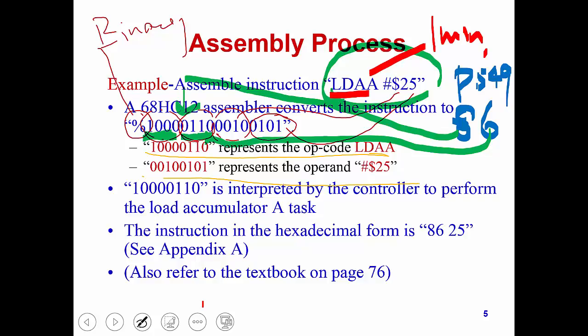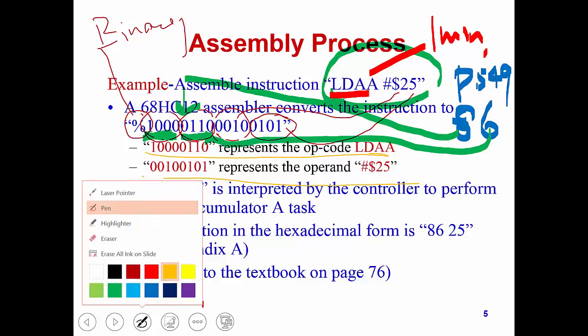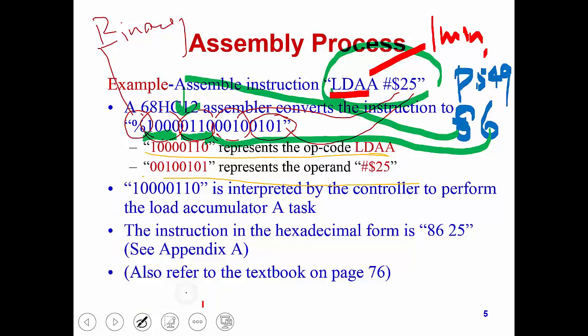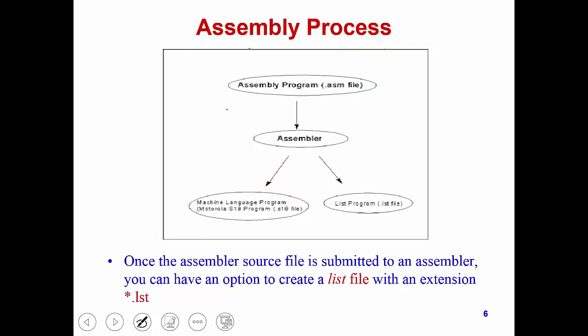So the data we load into A will be the next byte, which is 25, which is right here, this byte. So it's so easy. This is a very simple example to show this assembly process.